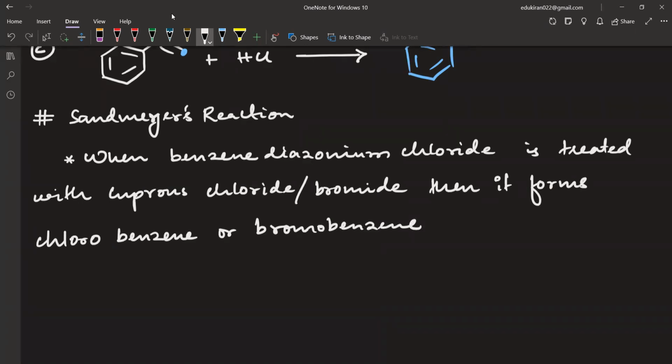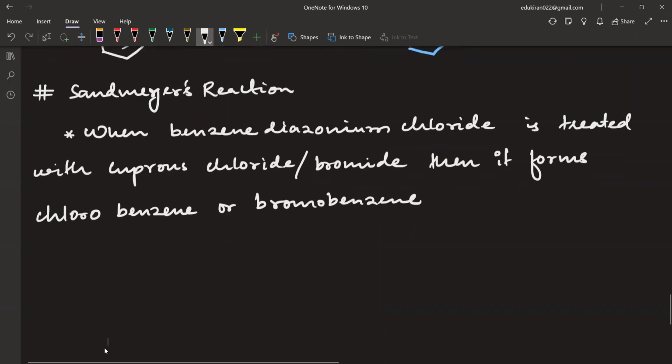If cuprous chloride is used, then it will be forming chlorobenzene. If cuprous bromide is used, then it will be forming bromobenzene.